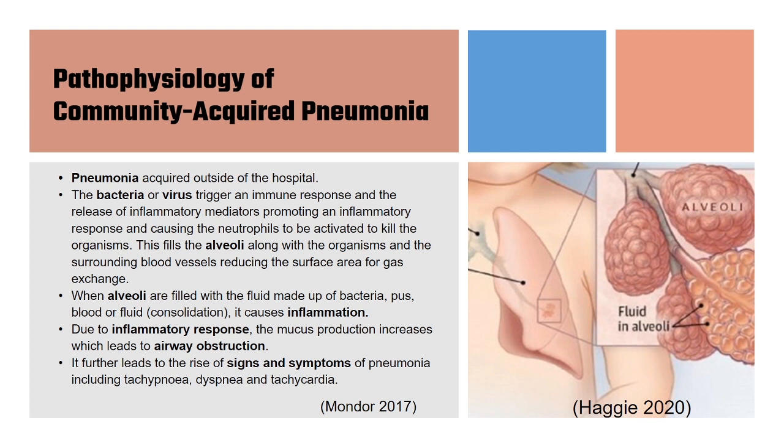Due to the decreased gas exchange that results from consolidation and airway obstructions, patients manifest symptoms of hypoxia, such as tachypnea and dyspnea that can cause tachycardia. Moreover, the inflammatory response is responsible for the majority of the symptoms, signs and abnormalities that characterize community-acquired pneumonia.